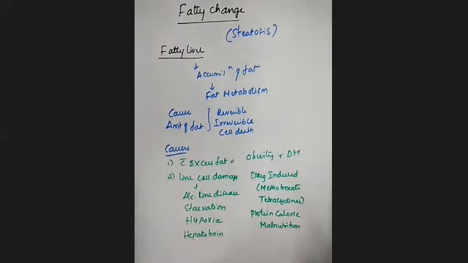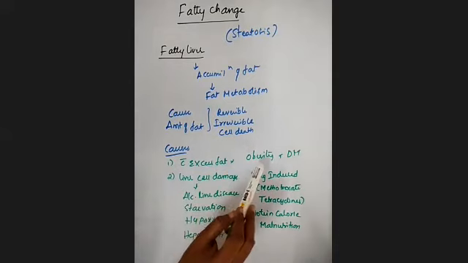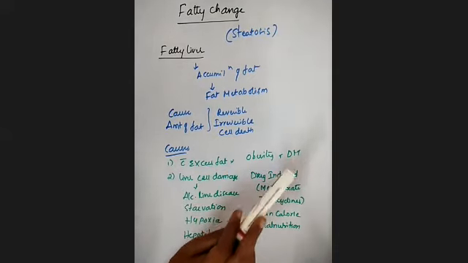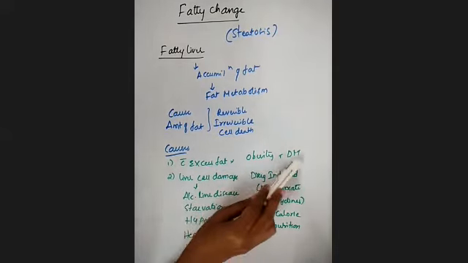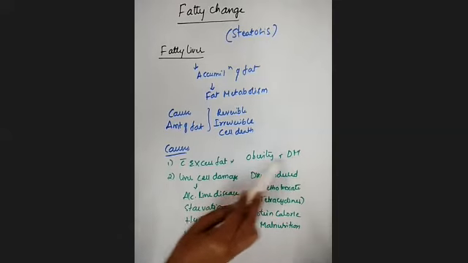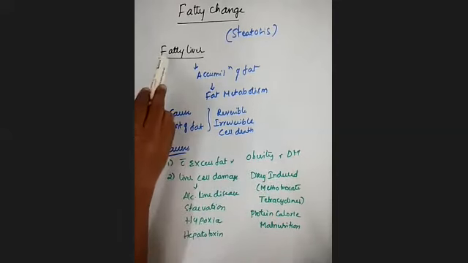I've discussed what is meant by fatty liver and the main causes: conditions with excess fat, with examples like obesity and diabetes mellitus. Those with these two conditions definitely have a chance of developing fatty liver.